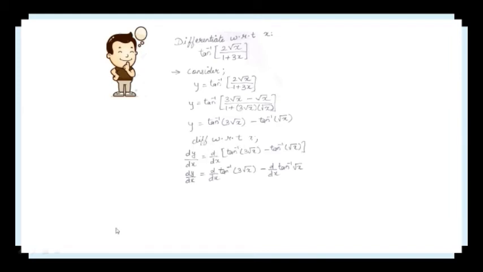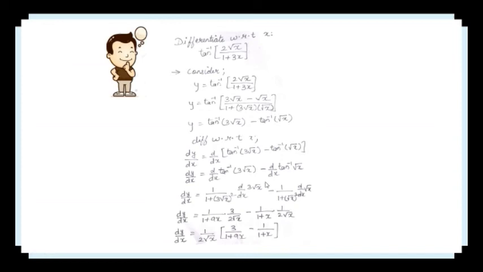So differentiating with respect to x, dy by dx equal to d/dx of tan inverse of 3 root x minus tan inverse of root x. As we can apply subtraction in derivative, I have bifurcated d/dx of tan inverse of 3 root x minus d/dx of tan inverse of root x.